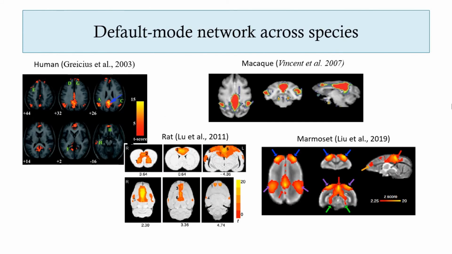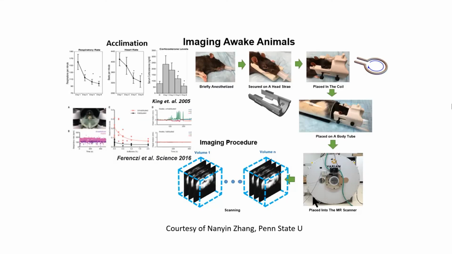In animals, there are fewer logistical, practical, and ethical hurdles, and many of the networks that we see in humans have analogous networks in animals. A very well-known one is the default mode network, which has been found in macaque, rat, and marmoset among many different species. Using these homologous or analogous networks in animals, we can have more targeted analysis and study of what these networks do.